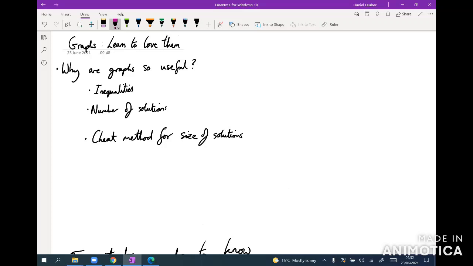So the first big topic I want to talk about is the idea of graphs and the fact that I think that they're severely underutilized in most GMAT prep materials. Graphs are incredibly useful to just solve a huge range of problems very, very easily.